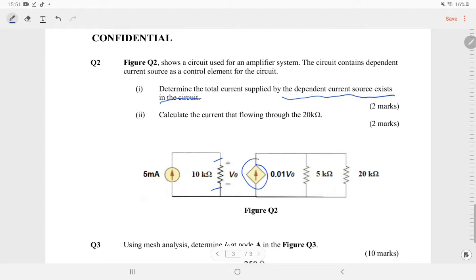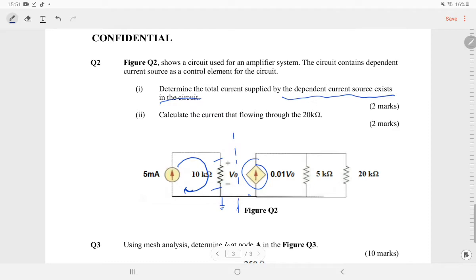So therefore, if you look carefully, this circuit is actually not connected. So this current will flow only at the 10 kilo ohm. So the current will not flow over here because we know that the current already goes to the ground, right? So therefore it will not go over here. So it just completes the circuit over here.